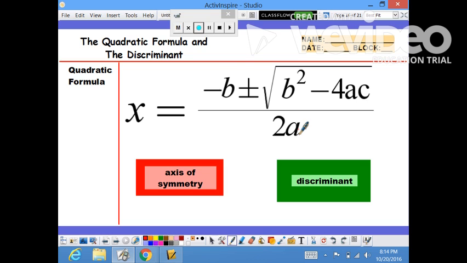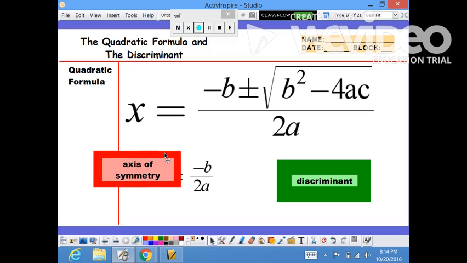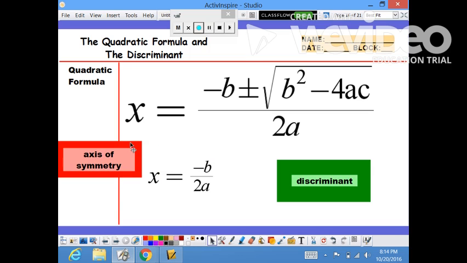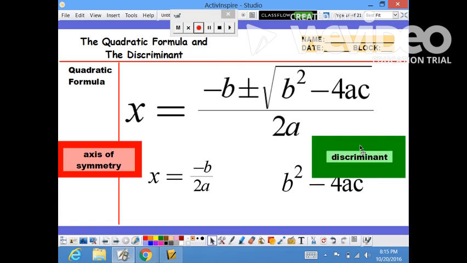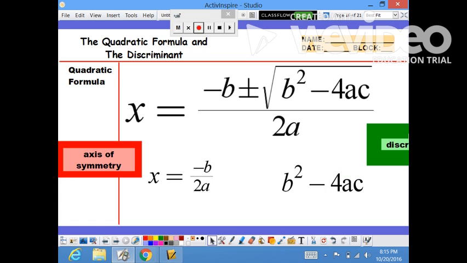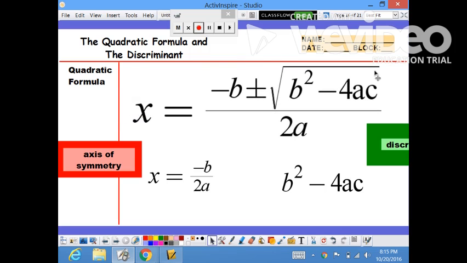One of them you know as the axis of symmetry, x equals negative b over 2a, or the opposite of b over 2a. The other is called the discriminant. The discriminant is b squared minus 4ac. That's all of this under the radical sign.